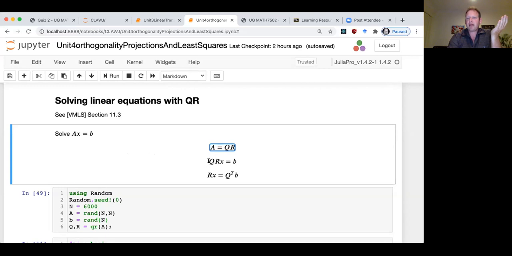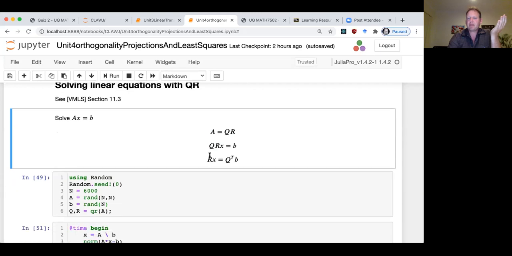Then what you have is QRX equals B. You kind of like this because Q is an orthogonal matrix. What's the inverse of an orthogonal matrix? What's the inverse of an orthogonal matrix?